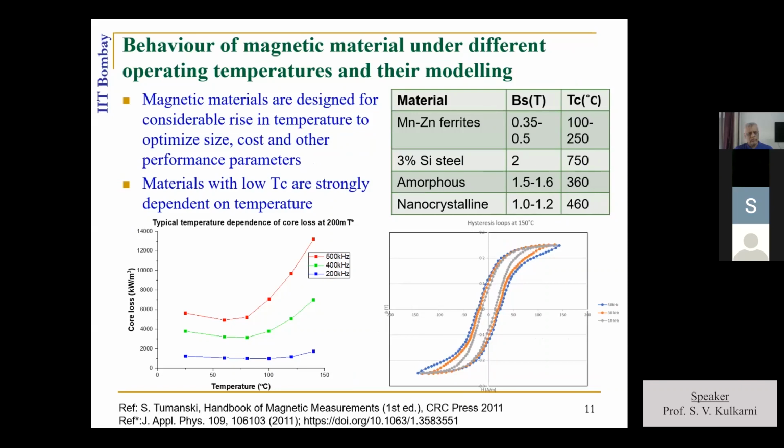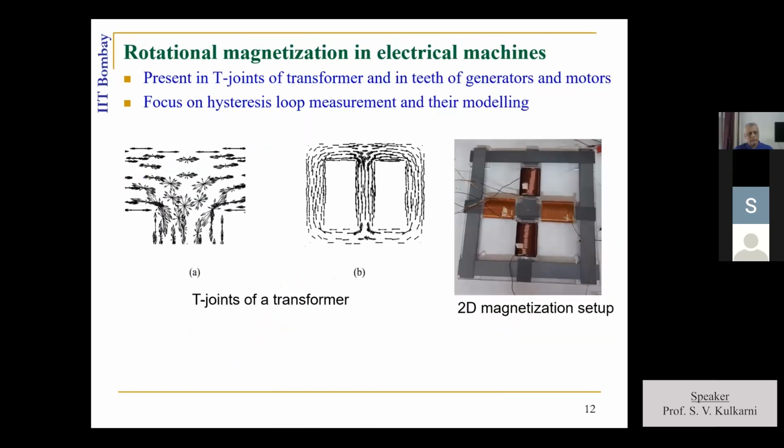For conventional grain-oriented materials used for transformers and rotating machines, that problem is not there because the Curie temperature is something like 800 degrees centigrade. But the newer materials being used particularly in power electronic applications, like ferrites, amorphous materials, and nanocrystalline materials, you need to worry about temperature effects also.